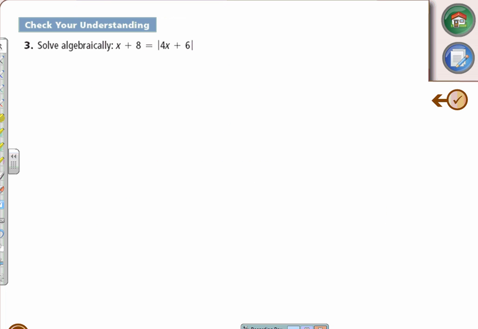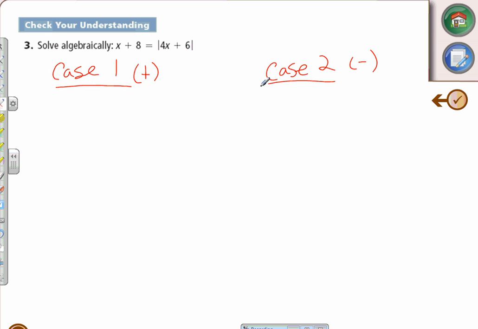All right, so looking to solve this algebraically, we need to look at case 1 and case 2. Case 1, we're always going to call the positive case. Case 2, I'm going to call the negative case. So when does case 1 occur? Well, from that piecewise function information, take what's inside, 4x plus 6.